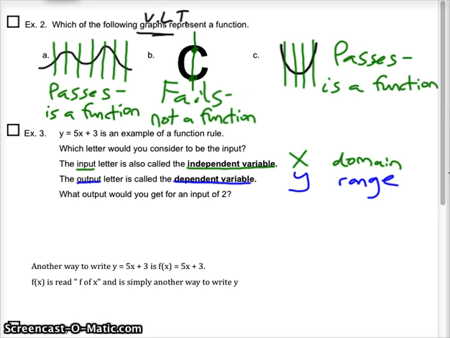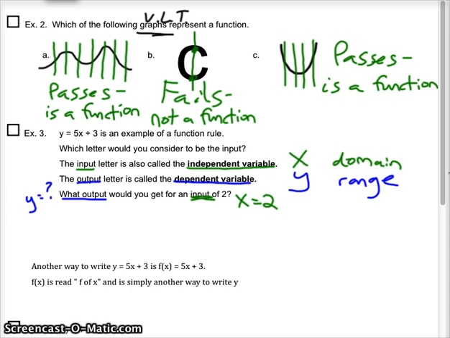Now, what output would you get with an input of 2? Okay, well, there's that word input. So what that's telling me is my x is 2. And it wants to know what is my output. So my y is unknown. That's what we're trying to find. So this is just kind of a long-winded way of asking, what is y when x is 2?